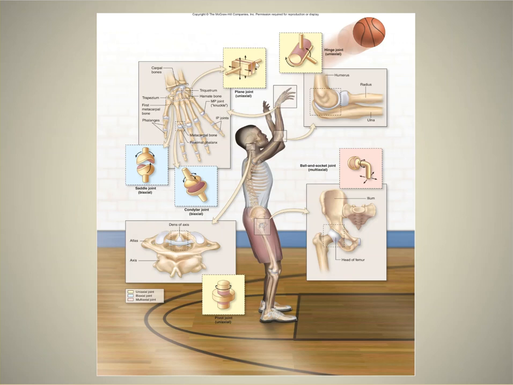Plane joints between the carpals in your wrist, a hinge joint like your elbow, ball and socket like your hip, a pivot joint where, as I mentioned, this allows you to rotate your head, condylar joint between the metacarpals here and the carpals, and then here the saddle joint right here between the trapezium bone and your first metacarpal, which is your thumb.